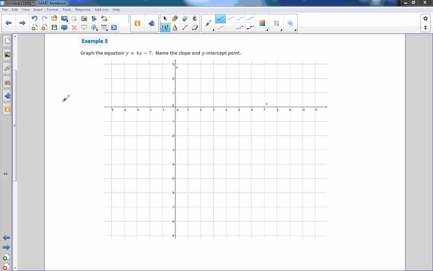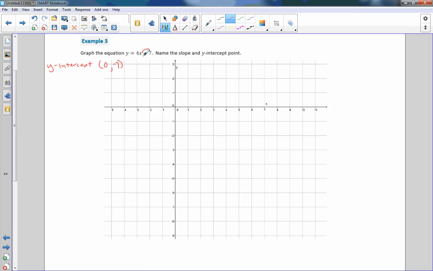Okay, example 3, it says to graph the equation y equals 4x minus 7. So remember, we start with our b, and that's our y-intercept. So the y-intercept point is the point (0, b), which is (0, -7).